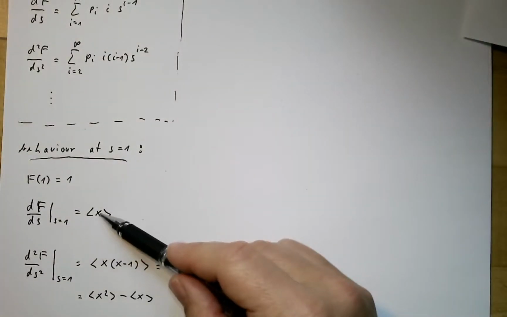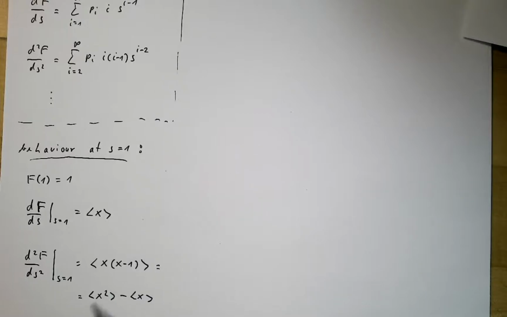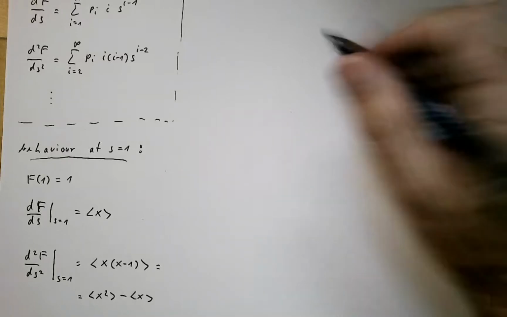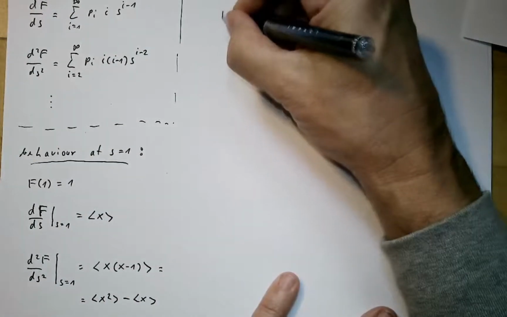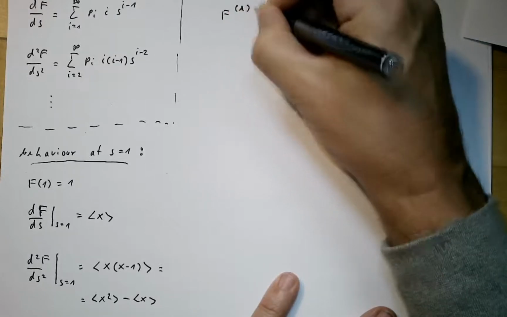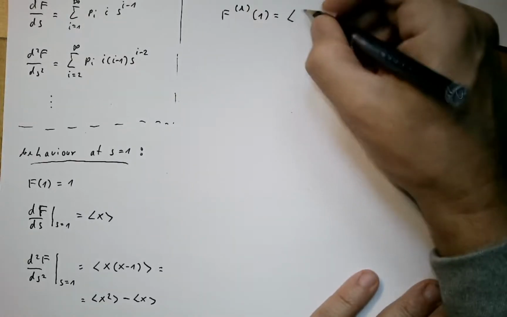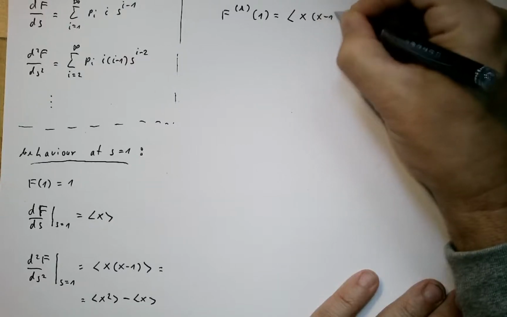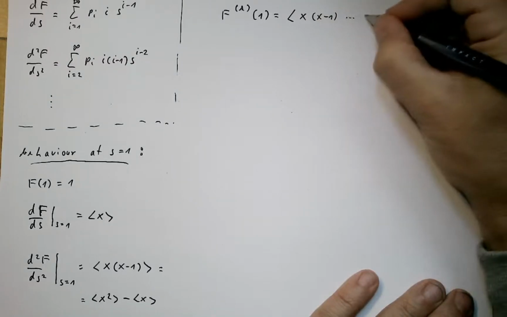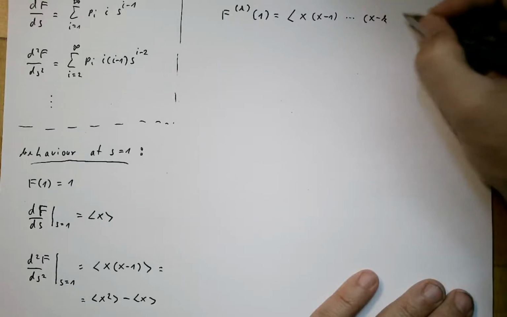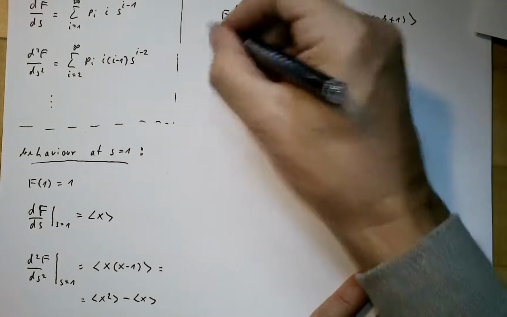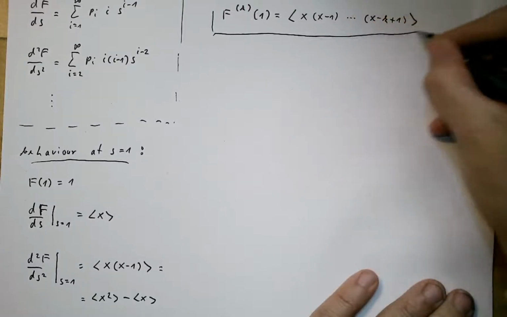The slope at 1 is the expectation value, the curvature at position 1 is this combination of moments, and in general we can say the kth derivative of our generating function at 1 is just the expectation value of x times x minus 1, and so on and so forth until x minus k plus 1. And you see, if you just take higher derivatives, you come to this formula.